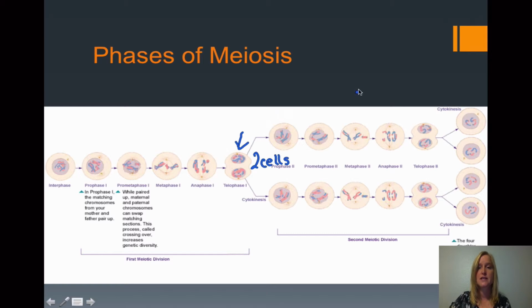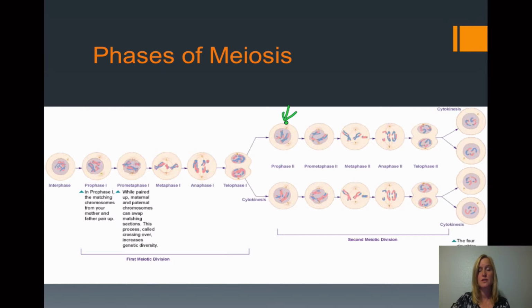So this next part of the process, which is called the second meiotic division, is basically going to reduce that chromosome number to 23. That way all sperm cells have 23 chromosomes, all egg cells have 23 chromosomes, and when a sperm fertilizes an egg, that fertilized egg ends up with 46 chromosomes, which is how many people need to have.